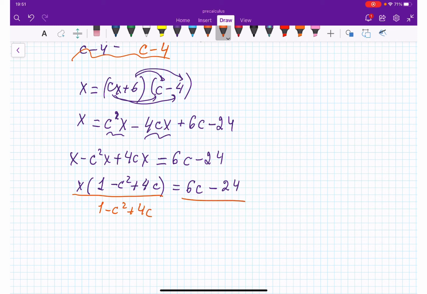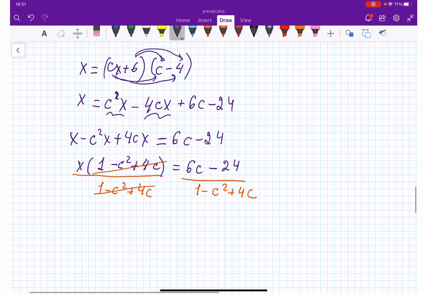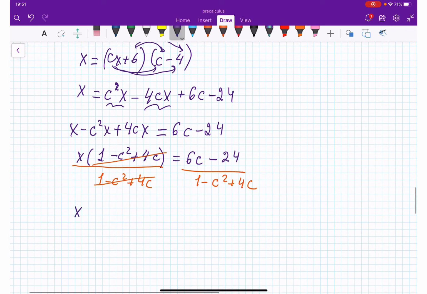Same thing here, 1 minus c squared plus 4c. This is gone with this one, and our x is equal to 6c minus 24 divided by 1 minus c squared plus 4c.